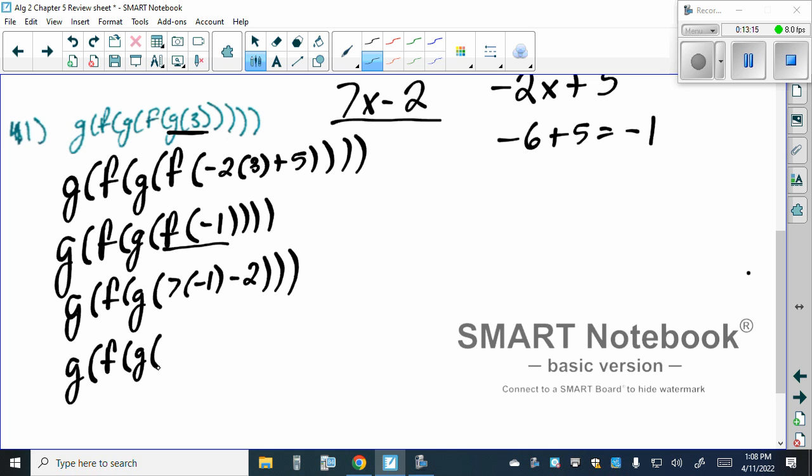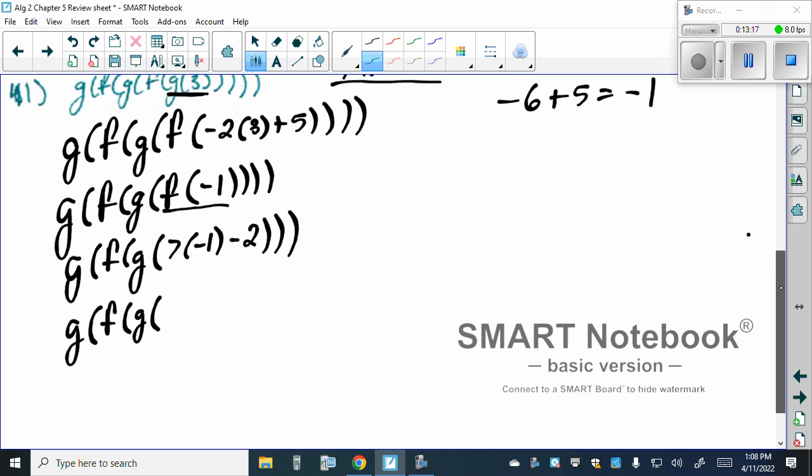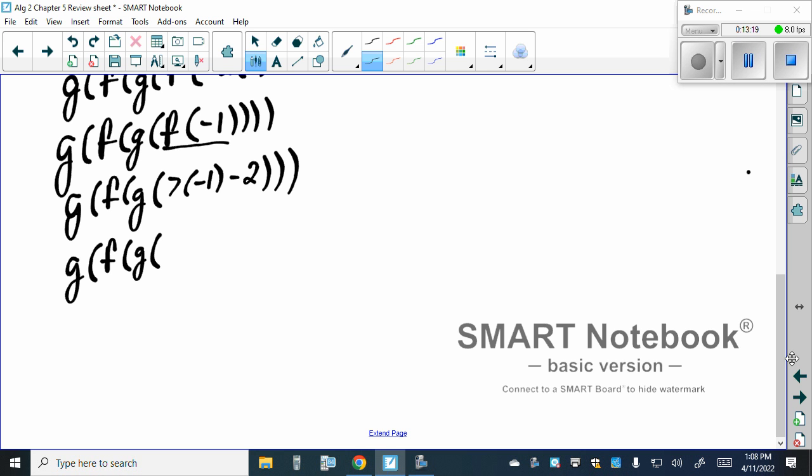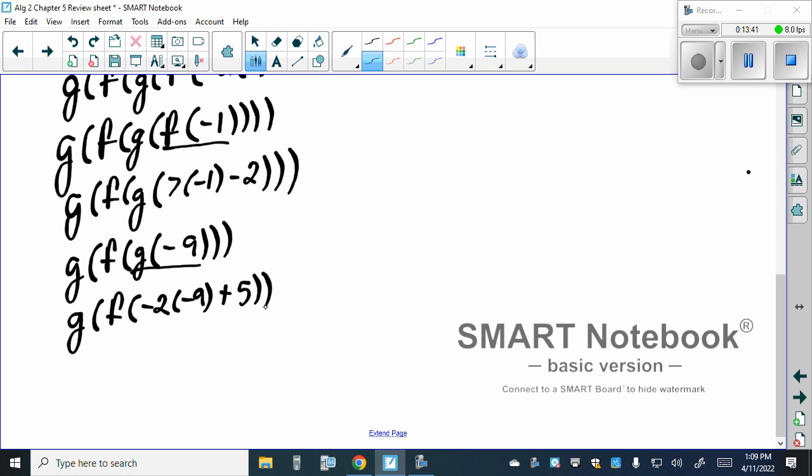And again, we could type that into a calculator. Well, 7 times negative 1 is negative 7, minus 2 is negative 9. Now what do we have? g of negative 9. So we're going to plug negative 9 into g of x, which would be negative 2 times negative 9 plus 5, yes?